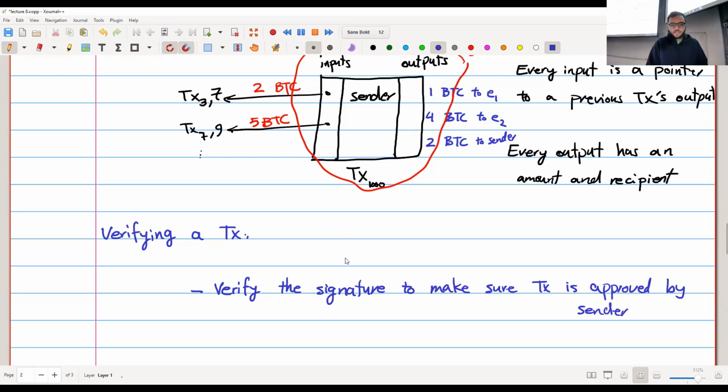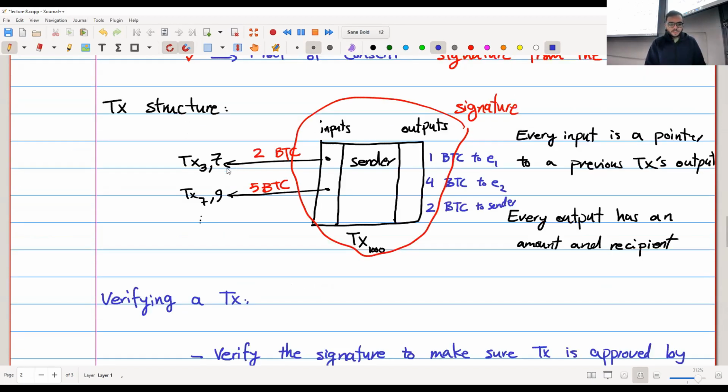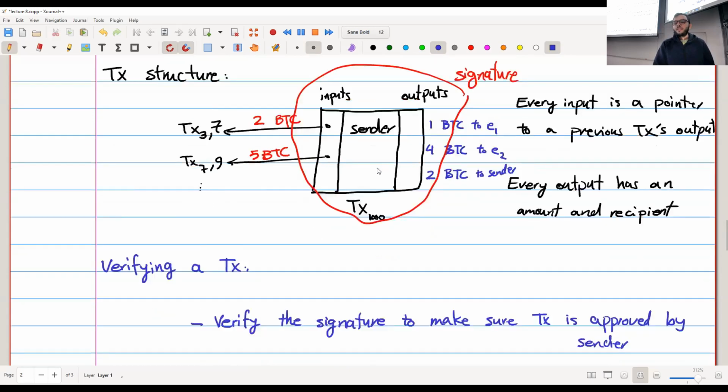Then you verify that the sender actually owned all the monies that he's claiming. Just in this example, the sender is saying, I have some money at transaction 3 output 7. You have to go back to transaction 3 output 7 and see that that money was actually paid to the same identity.